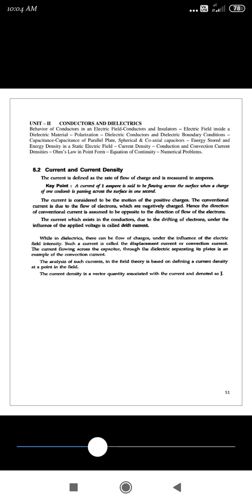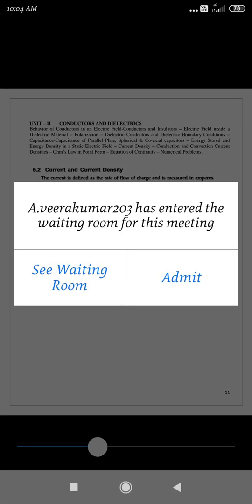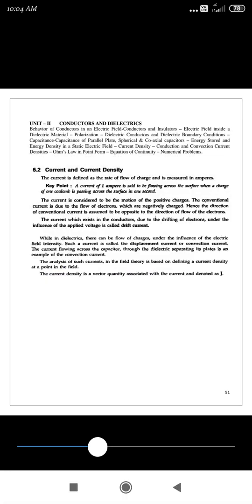Dielectrics or insulators are materials in which electrons do not flow.